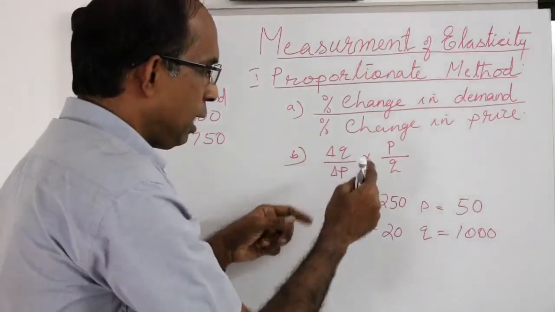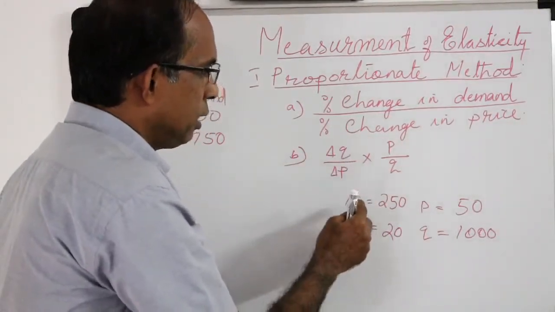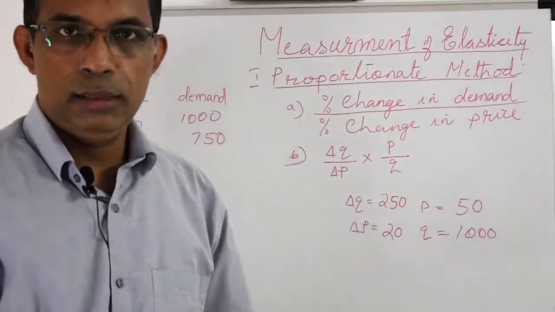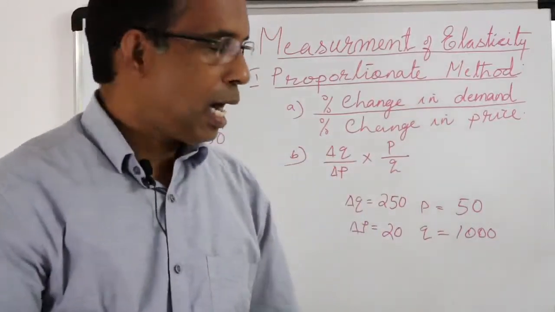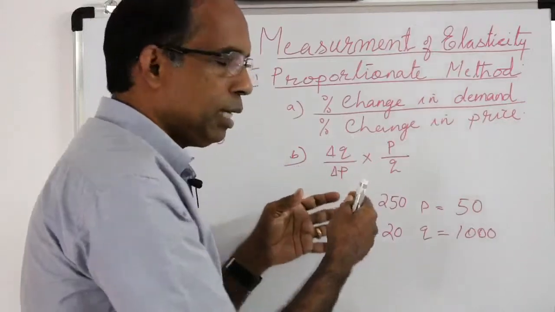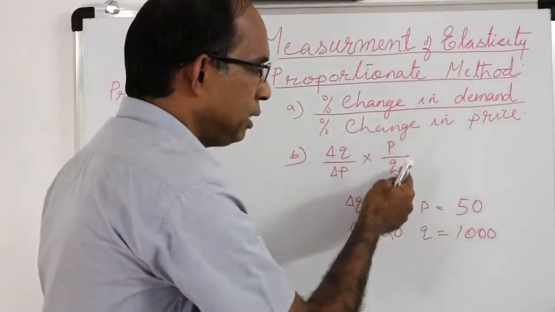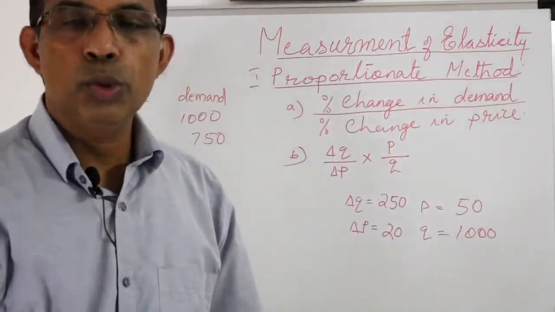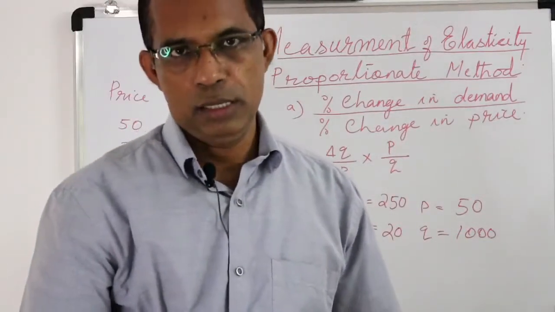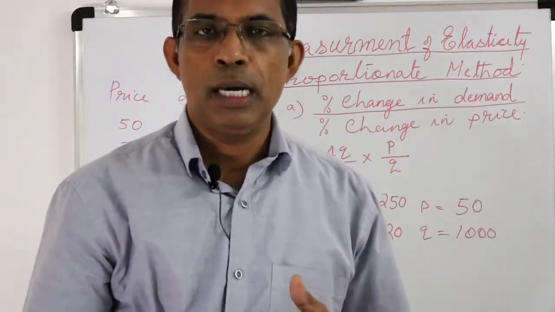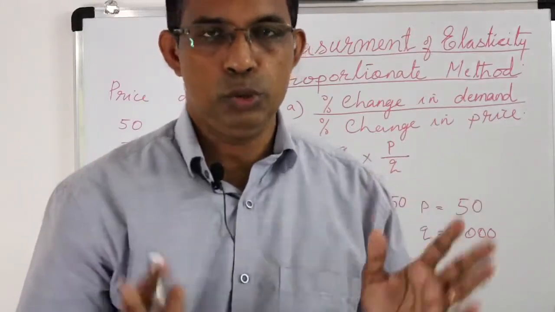In this formula, delta Q is change in quantity, and delta P is change in price, and P is initial price and Q is initial demand. When we do an example, it will be more clear to you.